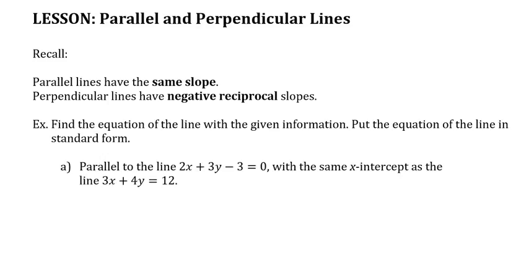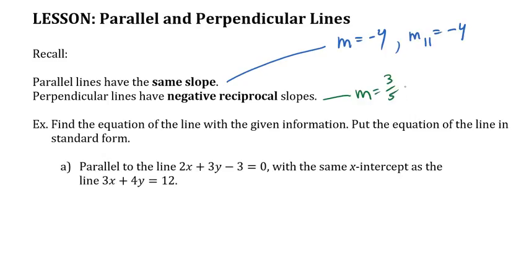So that means if my slope is negative 4, then a slope that's parallel will be negative 4. And if I have a slope that's 3 over 5, then a slope that's perpendicular will be negative 5 over 3. We already kind of talked about this. Or I could do one more.